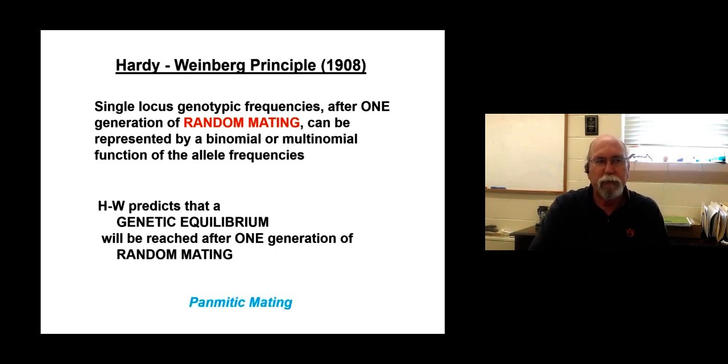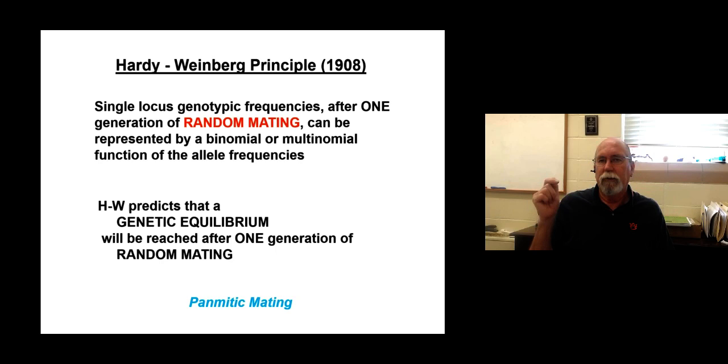Now, just to point out a term so that you're aware of it, random mating here is truly panmictic mating. Panmictic mating means, in the sense of random here, that the genotypes, these Mendel's Big Six crosses, will occur at the frequency related to the alleles.